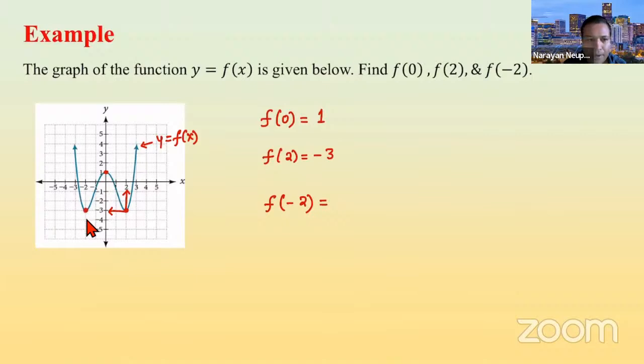For this point on the graph, look carefully, your x value is negative 2, and the y value, let me point towards the y-axis, you can see the y value is negative 3 again. That means when x equal to negative 2, the value of the function is a negative 3. So this is how we can find the value of the function using the graph.